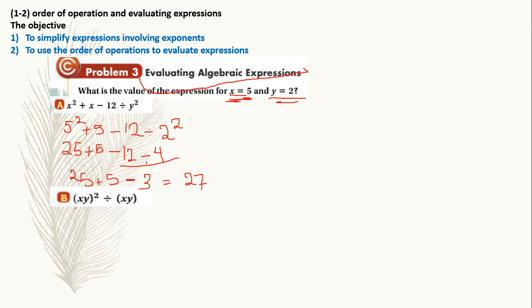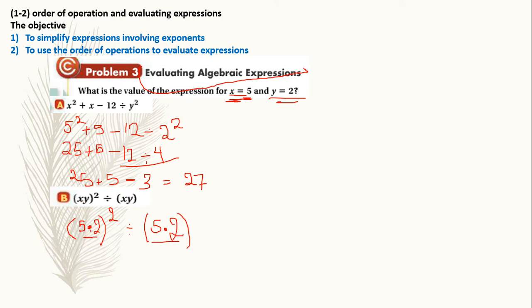Now again, exactly the same idea, xy, which means multiplication between them. So 5 times 2, all this to power 2, divided by, again, 5 times 2. Now let's do our calculation here.